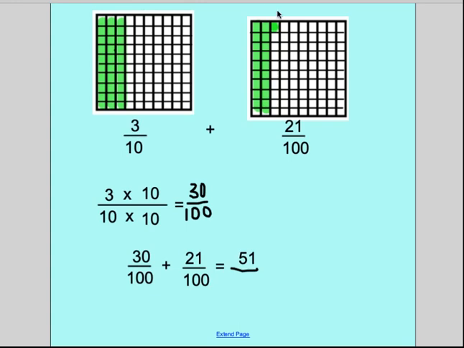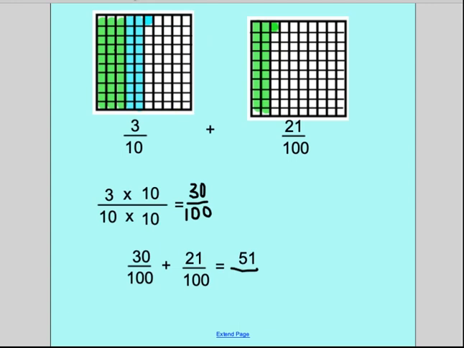The answer to that is, if you take these and put them over here, so let's try it. I'm going to make it blue so we can see the difference. 21 hundredths. Okay, do we have 51 100ths or do we have 51 200ths? The answer is we just have 51 hundredths filled in.